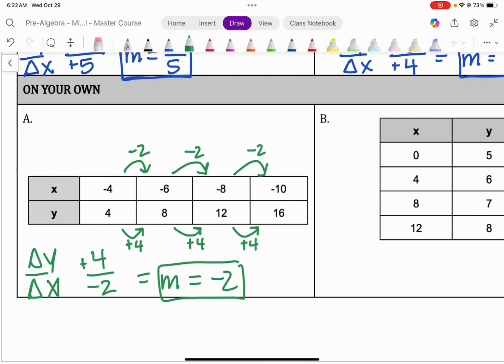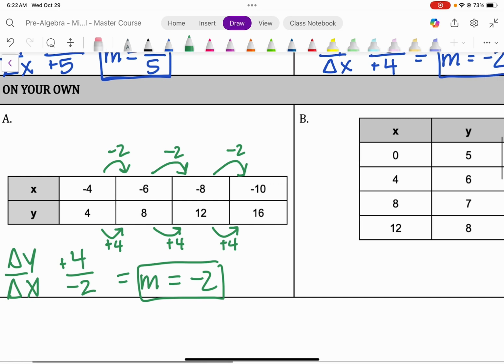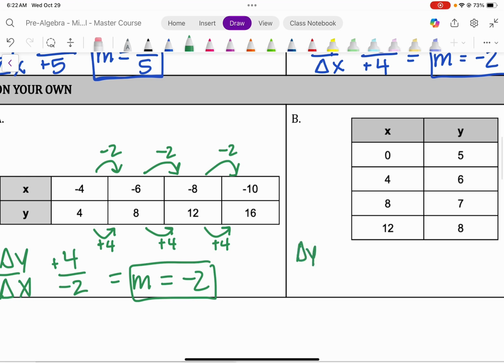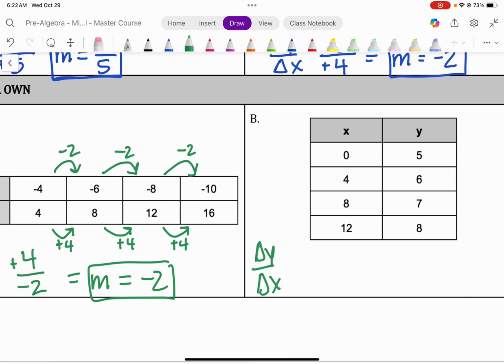Now this next table is vertical, so you're going to pay attention to where the y value is. We're finding the change in y over the change in x every single time. That's the rule or the formula. On this table, the y values just increase by 1.